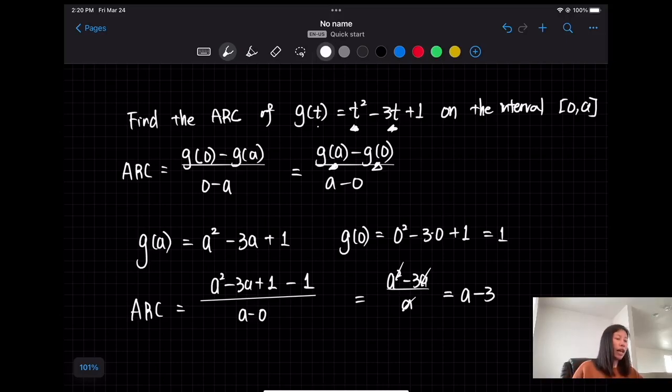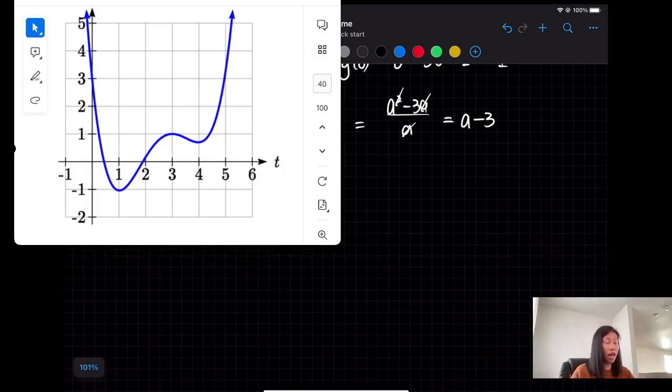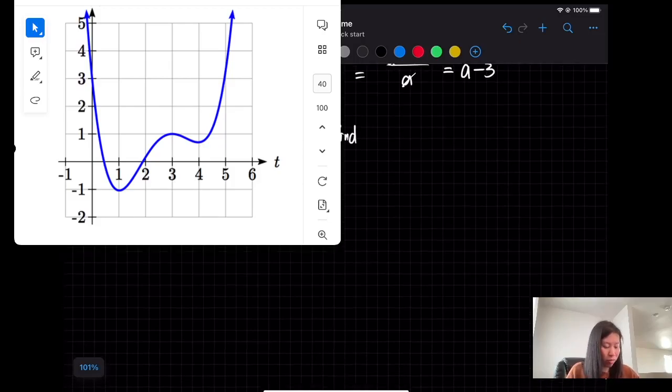We can also get average rate of change from a graph. For example, if I give you a graph like this one, I want you to find the average rate of change on the interval from 1 to 3.